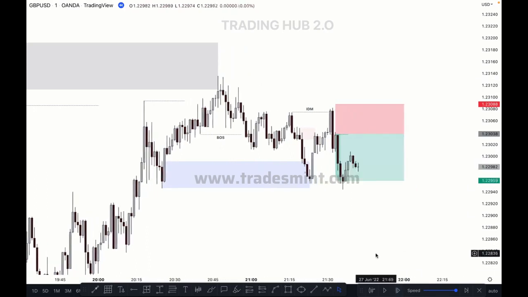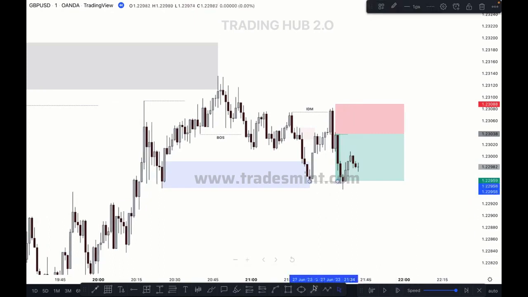And one more thing you have to understand here: the market again breaks this structure which is here, and some SMC traders buy again here, and they put the stop loss just below it and they hit the stop loss, correct.